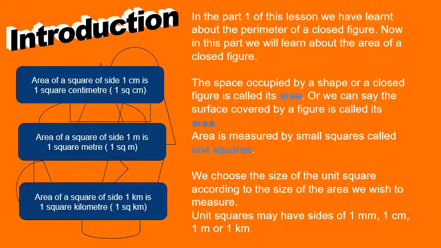Area of a square of side 1 centimeter is 1 square centimeter, and in short form you can write 1 sq cm. In the same way, area of a square of side 1 meter is 1 square meter. Area of a square of side 1 kilometer is 1 square kilometer.